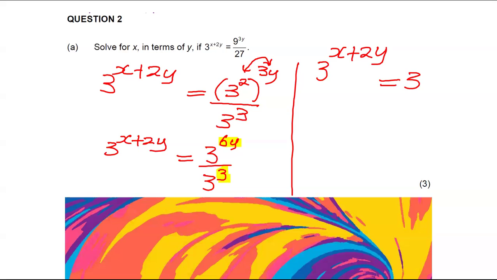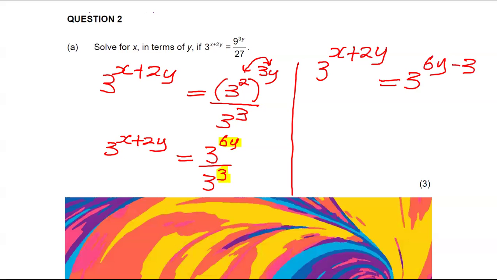When the bases are the same and you're dividing, you just subtract the exponents. Obviously, we don't know what the variable y is. We'll just say the numerator exponent minus the denominator exponent, and you will have an exponent of 6y minus 3.